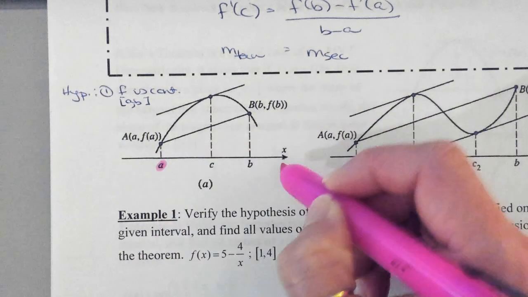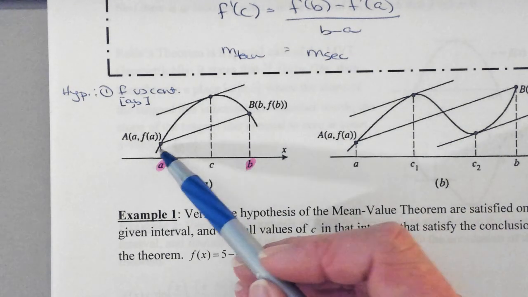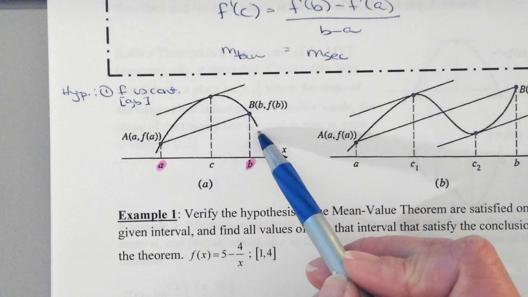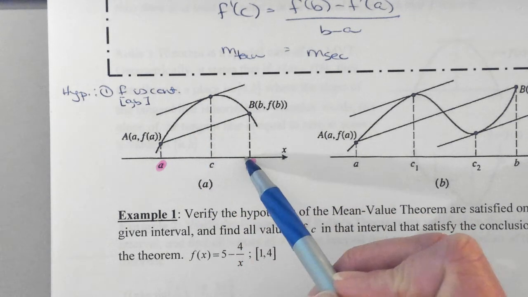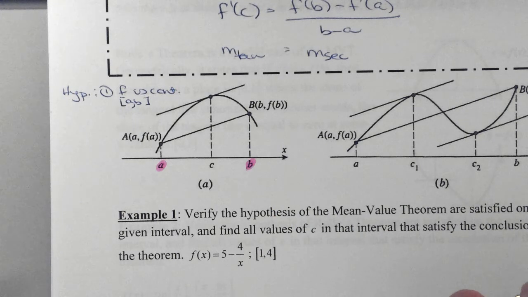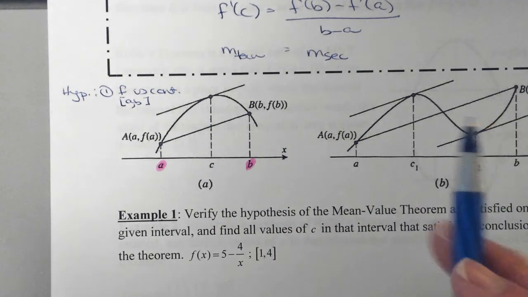Is the graph continuous from A to B? Meaning, here's my graph. Yes. Even though this is not a true way in terms of calculus to figure out if this function is continuous, would I have to pick up my pencil? No. Continuous. There's no breaks, no sharp points, no cusps.